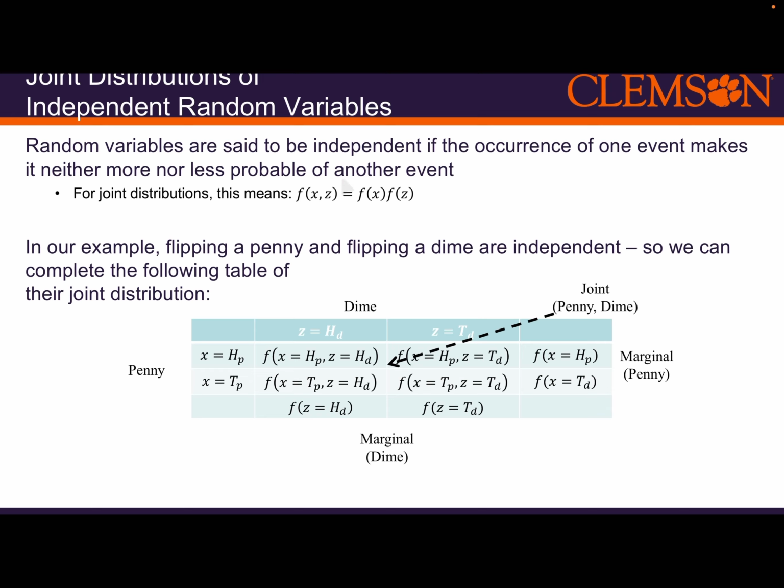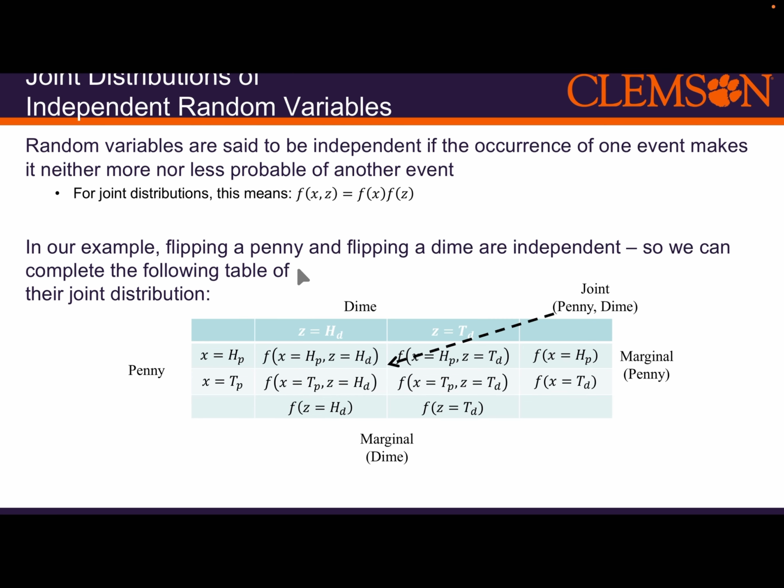So that means if I flip the head on the penny, I can still have a 0.5 chance of flipping a head or tails on the dime. Mathematically, we denote this as saying the joint distribution f of x and z is equal to the product of the marginal distributions, f of x times f of z.